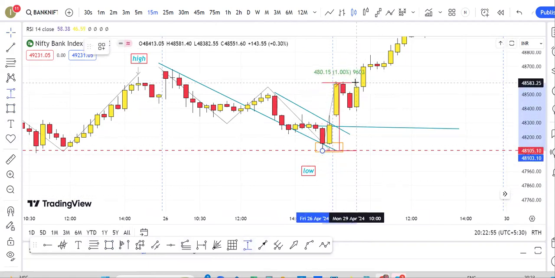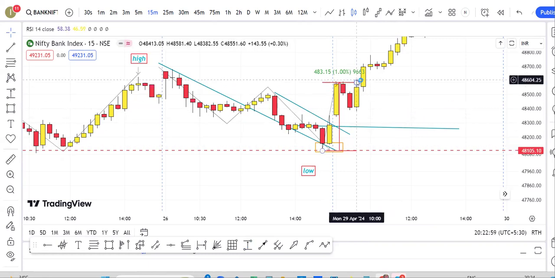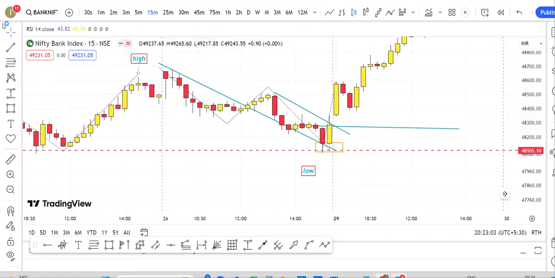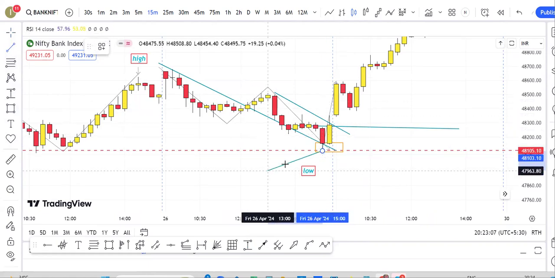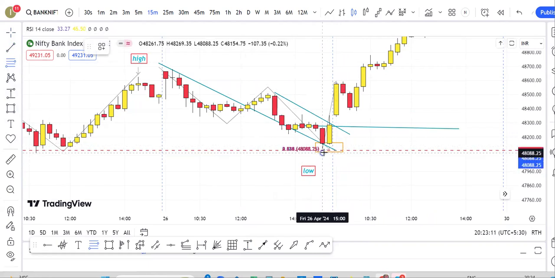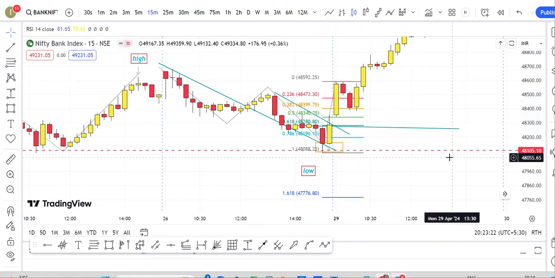From here, 480 points it has gone. Okay, it is a swing, 480. Suppose you take the fib tool and mark it. Take it from the low to the first 15-minute candle high and wait patiently.